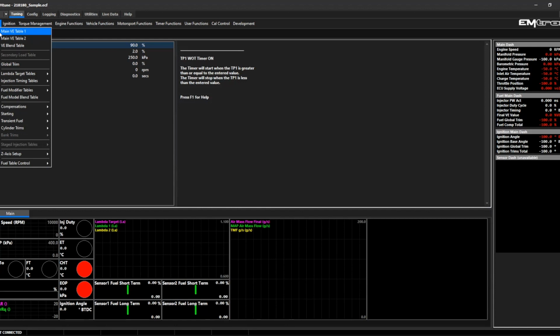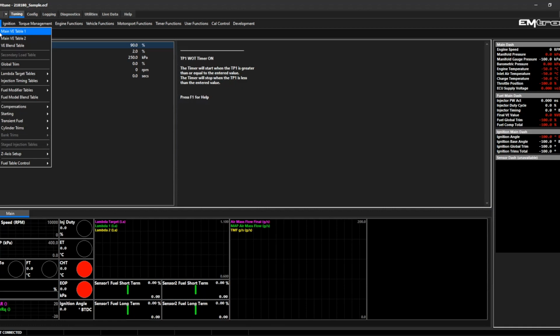But also, there's a fundamental shift in the philosophy of the ECU, which is going way more into a calculated, heavily torque-based, throttle mass flow calculated ECU, which is essentially reducing the requirement for tables. So you will find the more we develop, the fewer tables will be getting configured in the ECU, as opposed to our original philosophy 10 years ago, which was almost the more tables the better.